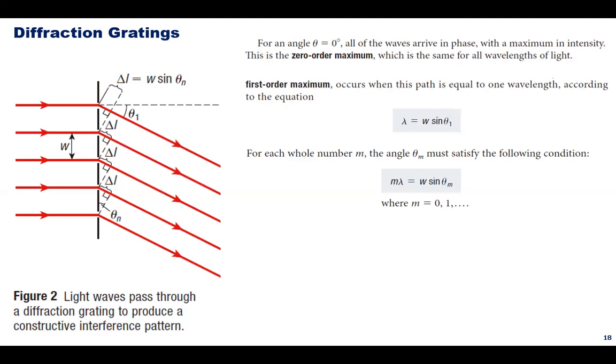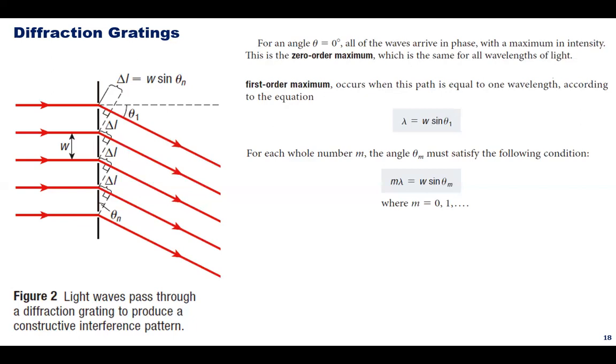The process of manufacturing an effective transmission grating involves precision machinery. One method uses a diamond tip to etch closely spaced parallel lines on the grating surface. The lines are opaque, and the transparent spaces between them serve as the slits.